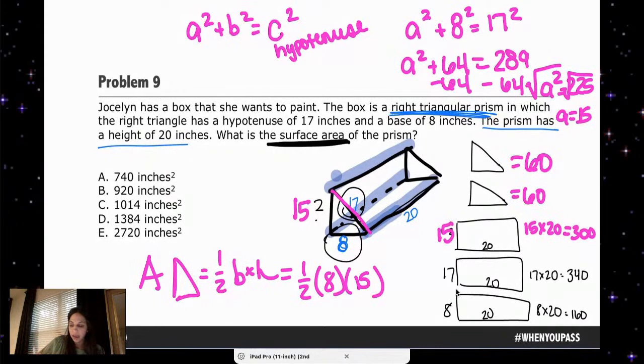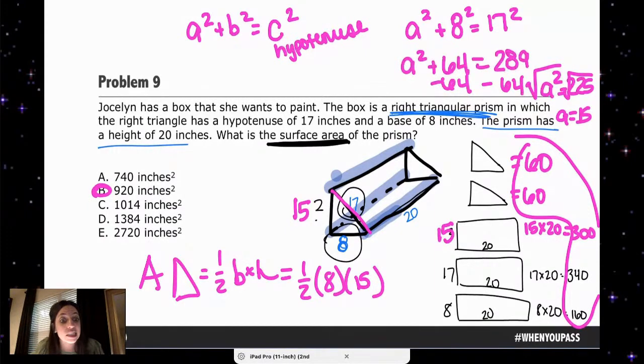Now, when I add all of those up, I get 160 plus 340 plus 300 plus 120 equals 920. Man, I feel like I sped through that problem.